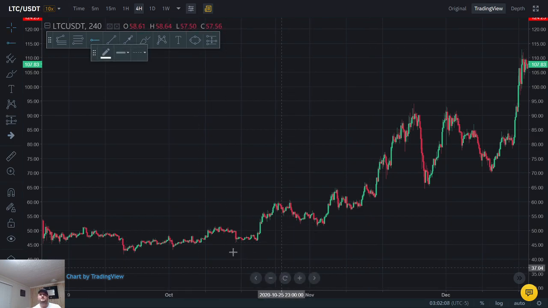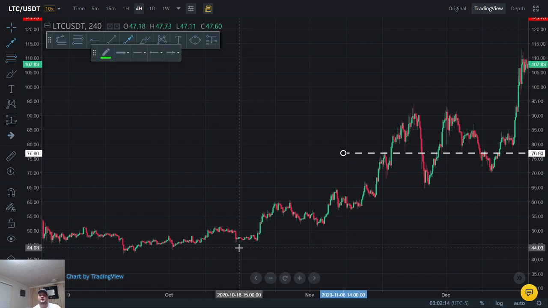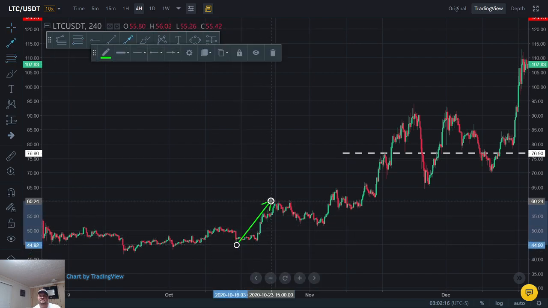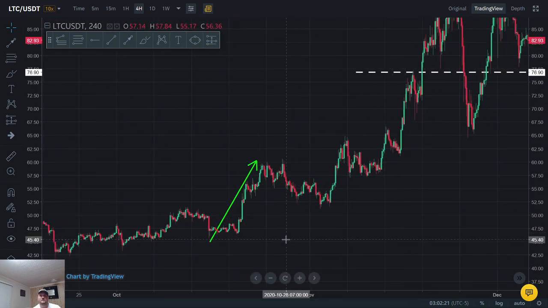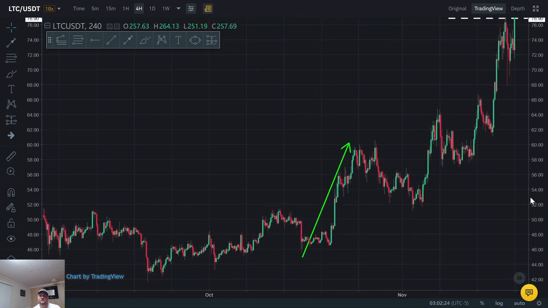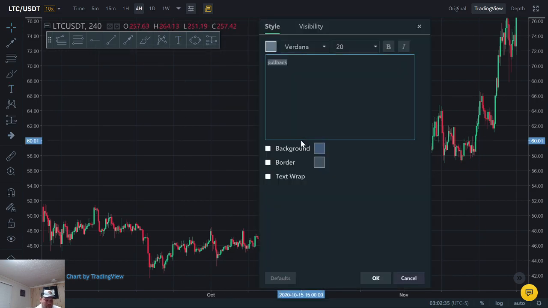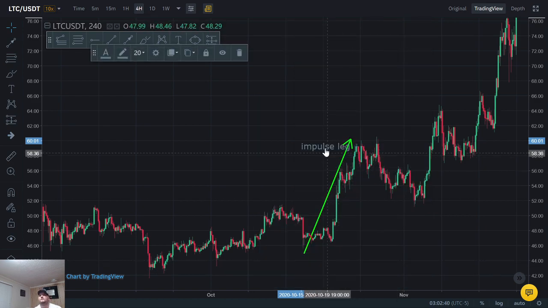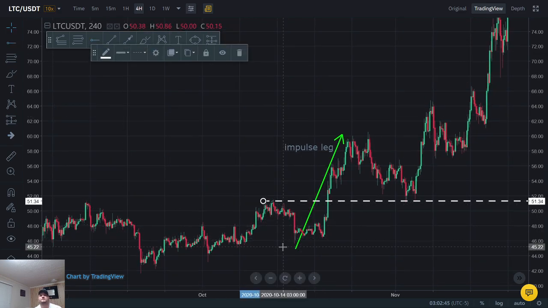So if you're just looking, this could be considered an impulse leg, right? Why is it an impulse leg? It breaks previous structure high.